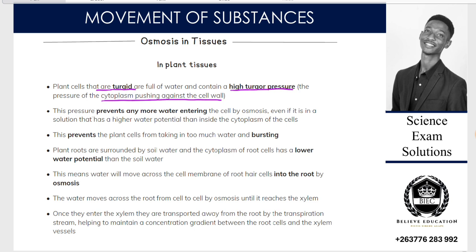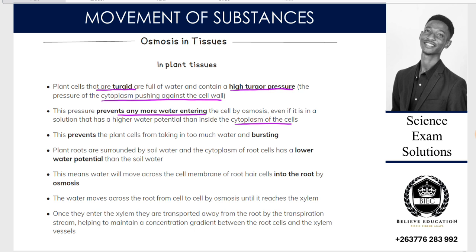Then this pressure prevents any more water entering the cell by osmosis, even if it is in a solution that has a higher water potential than inside the cytoplasm of the cells.